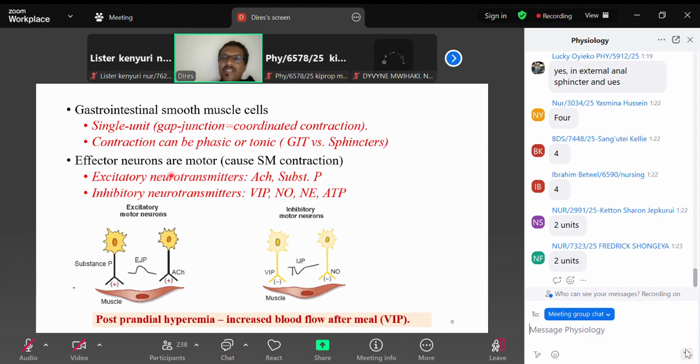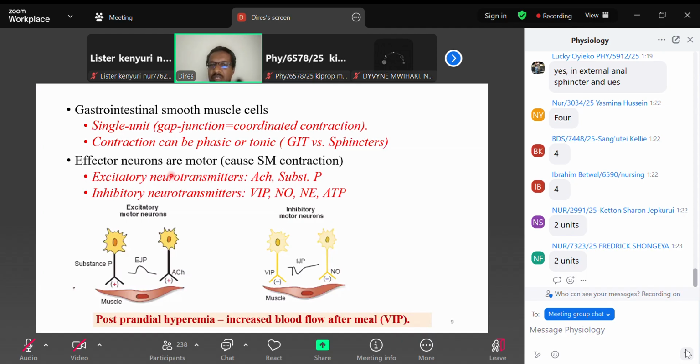And also we have sometimes multi-unit. There are different units which contract and relax at different rates. The other thing is the contraction itself. Sometimes it is phasic, sometimes it is tonic. What is the difference between phasic and tonic contraction?